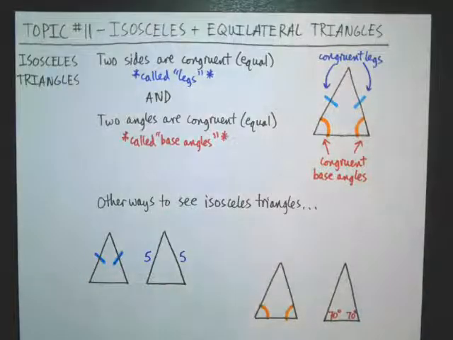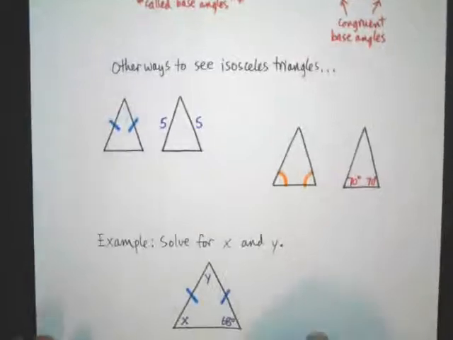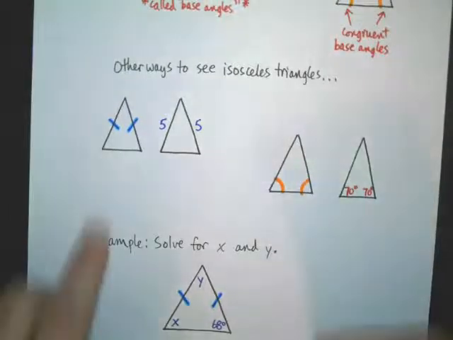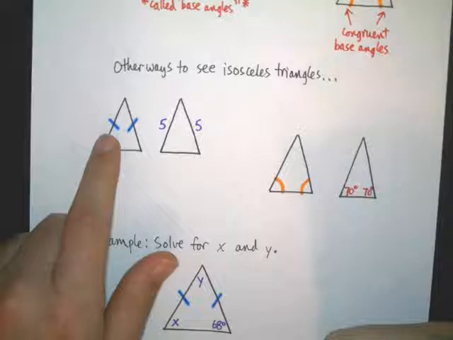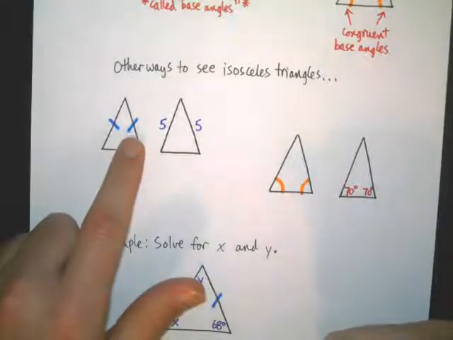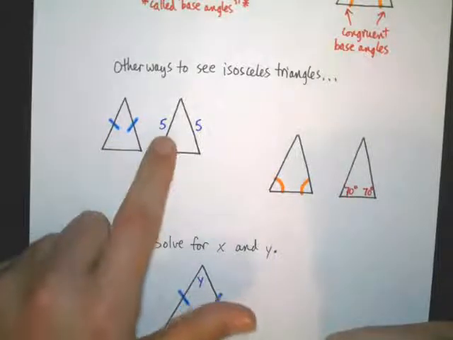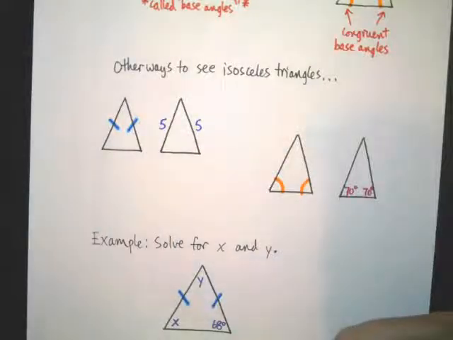There are a couple other ways that we could see isosceles triangles. Let's say that we look at an isosceles triangle and we see that just the two legs are congruent, either by the tick marks or because they've got an equal number.